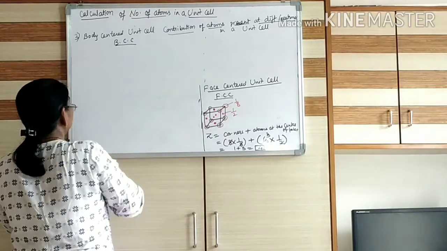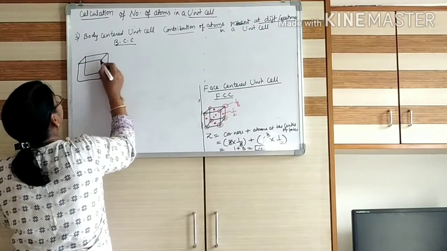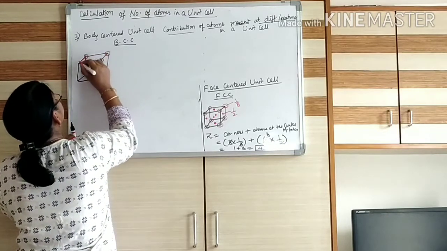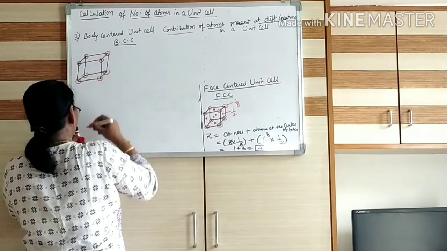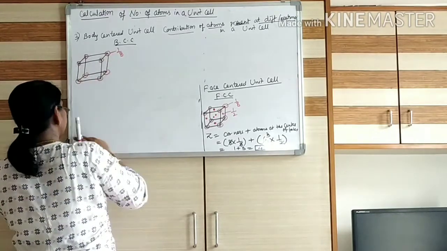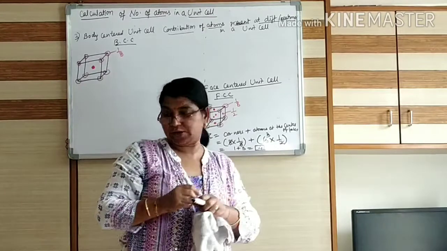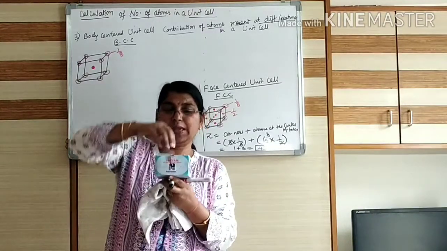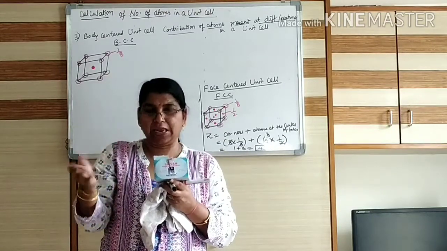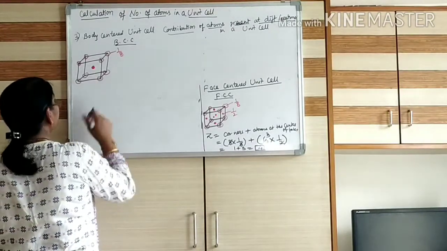Here the atoms which are present at the corners, they are contributing how much to the unit cell? 1/8 each one, and one is present at the center of the body. At the center of the body, suppose this is your cube, the atom which is present at the center of the body is not shared with any other unit cell of the crystal. Is it clear?